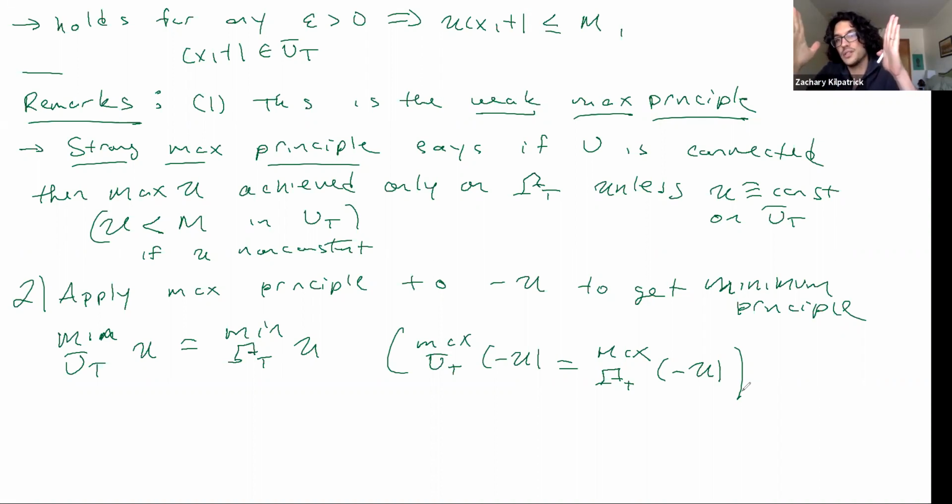You probably want to squeeze the difference between two functions down to 0, and essentially say that the max and the minimum of their difference has to be 0. That would give you a uniqueness result. So we'll talk about that shortly.